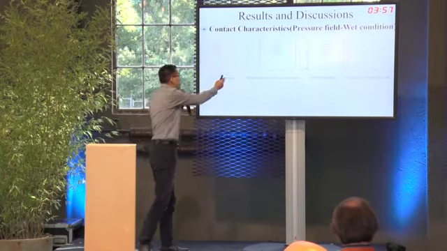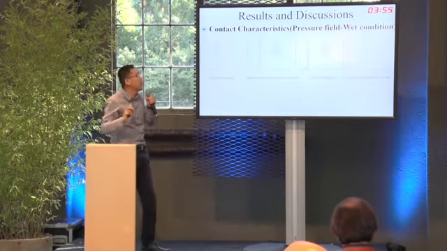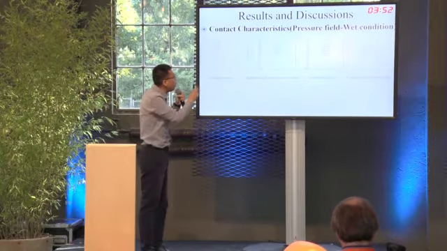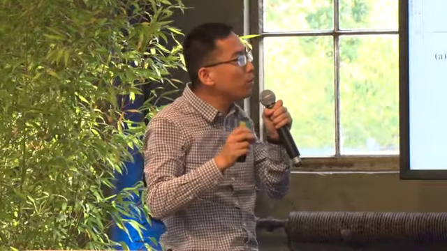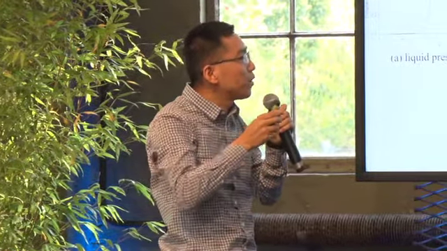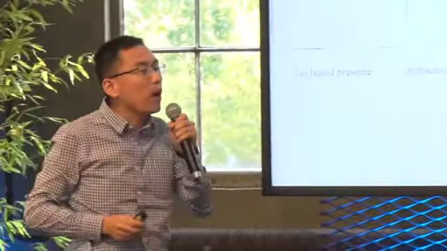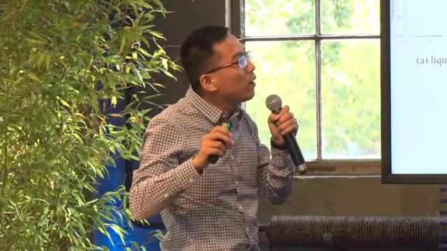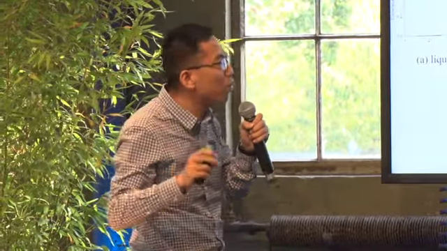In Fig A and Fig B, we can find the position of the jump point. Before the jump point, the film thickness is equal to H oil, and after the jump point, it is equal to the flooded case. Okay.